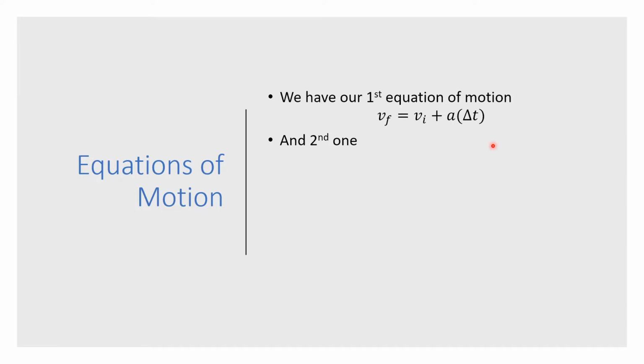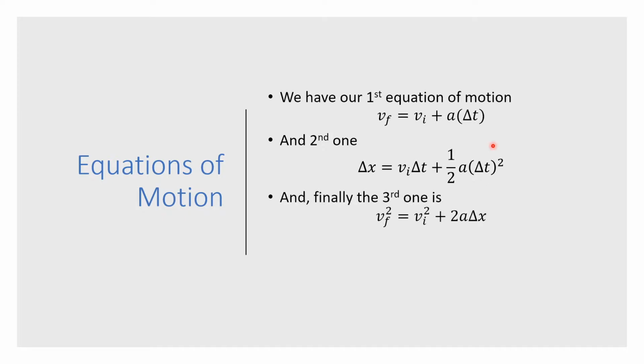The second one included the change in displacement, which was a function of the initial velocity, the net change in time, the acceleration, and the net change in time squared. And then finally, the third one was the square of the final velocity, as a function of the initial velocity squared, the acceleration, and the total change in displacement.